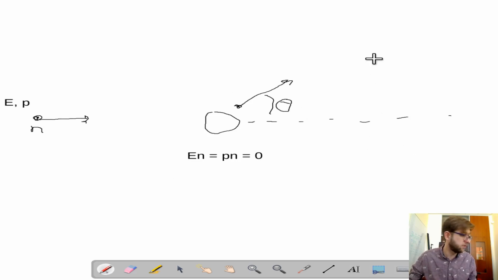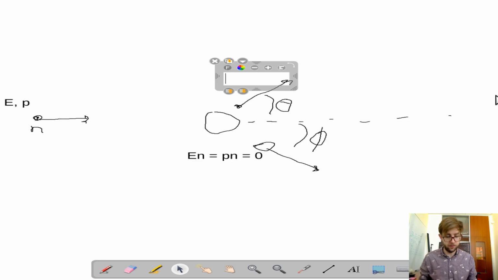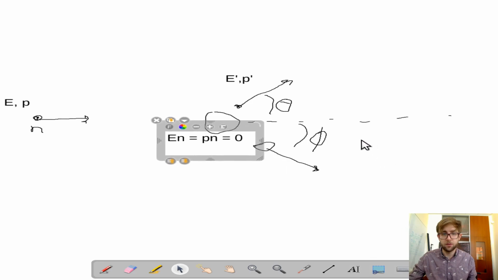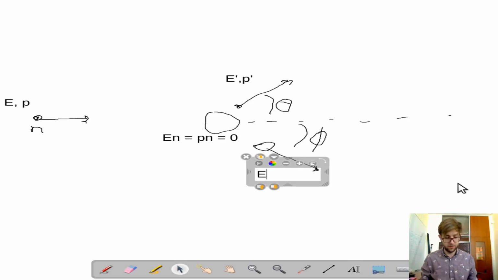So this is the pre-version, and on the post, the nuclide itself goes flying off with some other angle phi, and has some En prime, Pn prime. Okay.